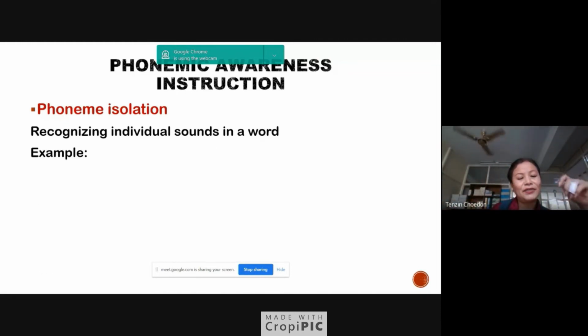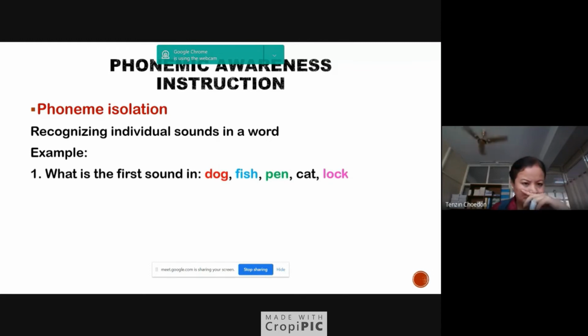For example, you can ask your children: what is the first sound in dog, fish, pen, cat, lock? These are some examples. When you ask your children what is the first sound in dog, you just say dog and let your children find out, isolate.